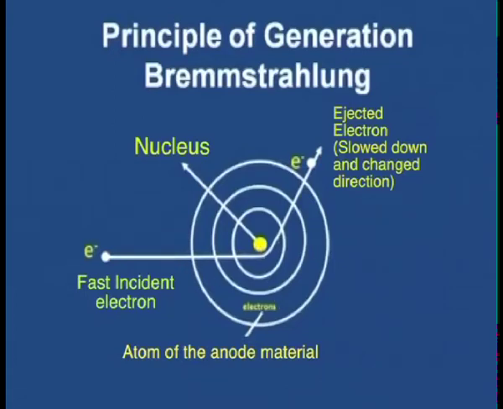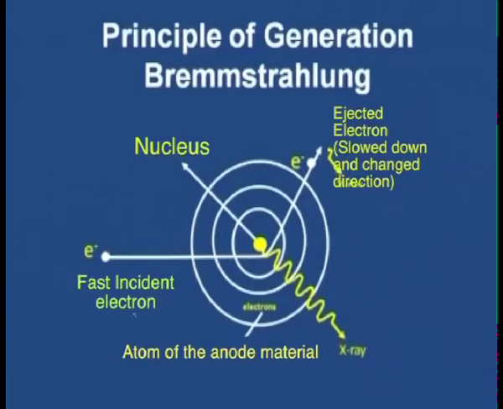Now, what happens is this electron comes here and interacts with the system, and it gets slowed down and changed in direction. The electron does not go straight. What happens is the electron gives rise to X-rays.